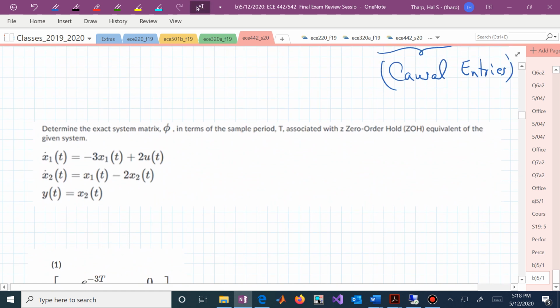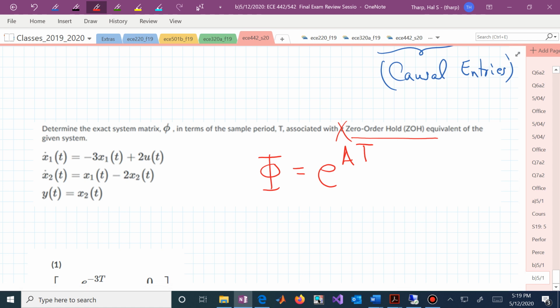Determine the exact system matrix phi. This is phi, and it's wanting the exact, so that says we need e to the AT associated with a zero order hold equivalent. So we're looking to find capital phi, which is e to the capital A t. And in this case, you maybe weren't given capital T, so you have to leave that variable in your expression.